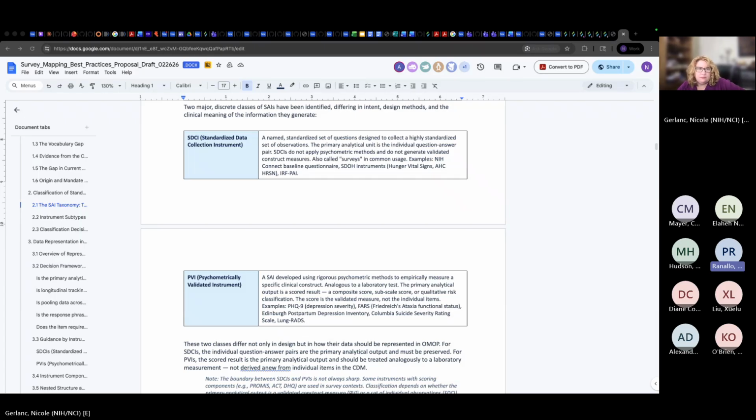And now that I think about it, in that table we will capture the response scale. Here's the question, here's the quote unquote answer list, which is a response scale, Likert 5, frequency, whatever. So I think the solution for that piece is definitely going to be addressed by the vocabulary table and how we use those.